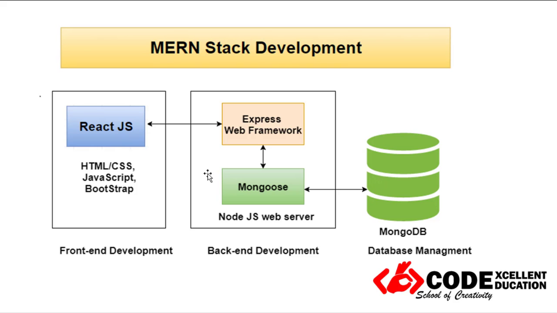Then we'll be using the Mongoose package so that it can connect us with Express Web Framework. So we'll be using this Mongoose to communicate with the database. Then we have right here the Express, which is linking us to the React.js, the front end side. So that's what it takes.